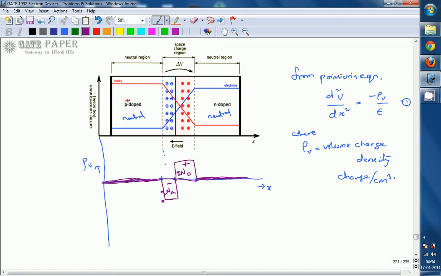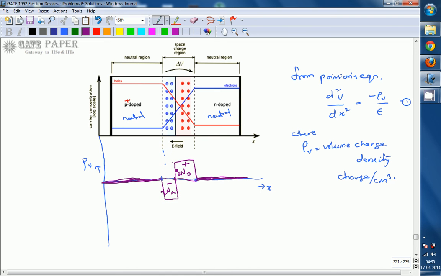So the total volume charge is Qna on the p side of the depletion region, Qnd on the n side of the depletion region, and in the p side and n side they are neutral in nature. So this is the volume charge density distribution, and we are assuming an abrupt p-n junction.